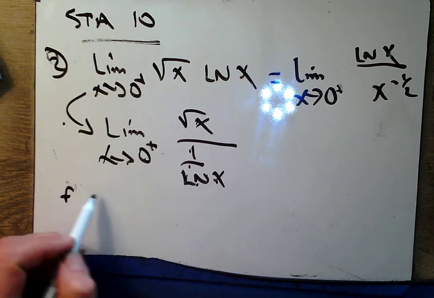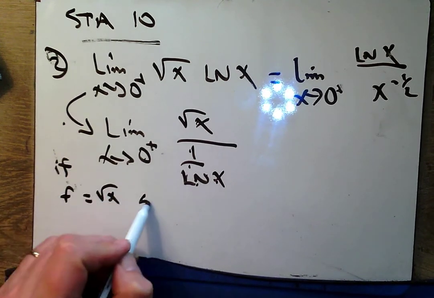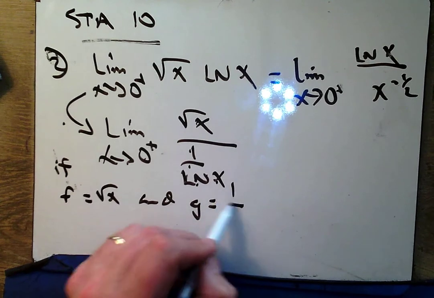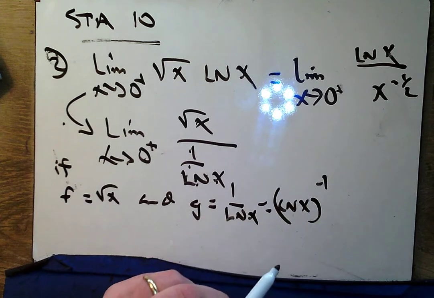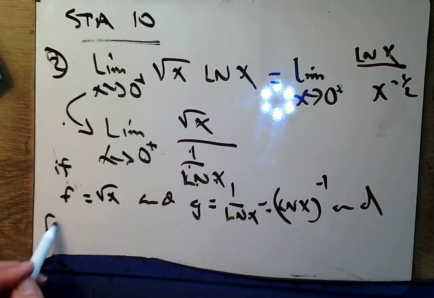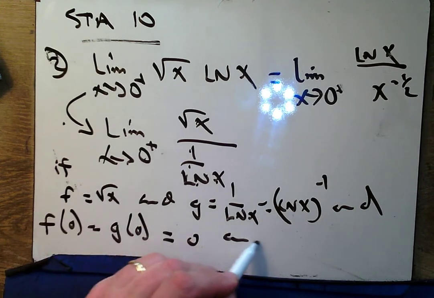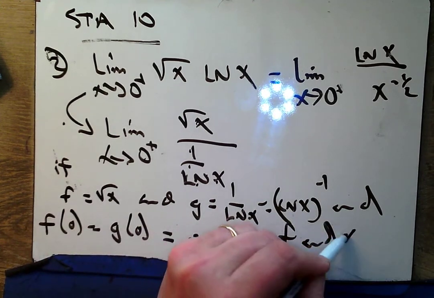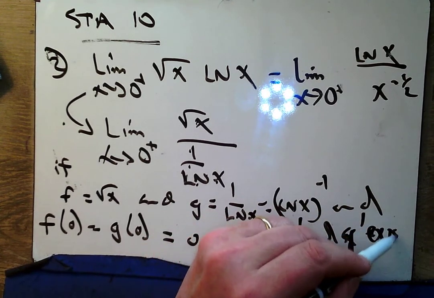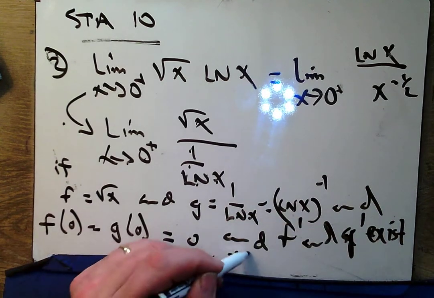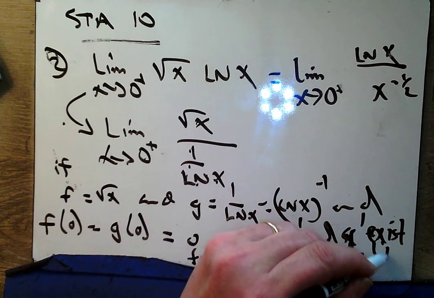So it's easier for me to say that f equals square root of x, and g equals 1 over ln of x, or ln of x to the negative 1, and f of 0 equals g of 0 equals 0, and f and g prime exist for x greater than 0, then use L'Hopital's.